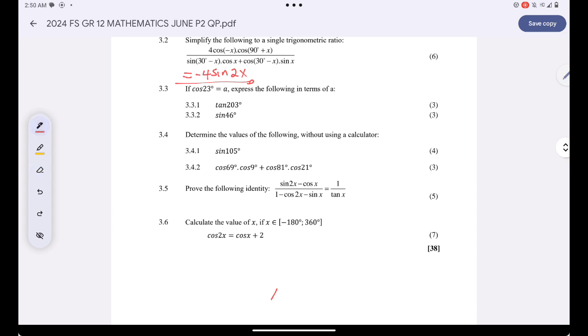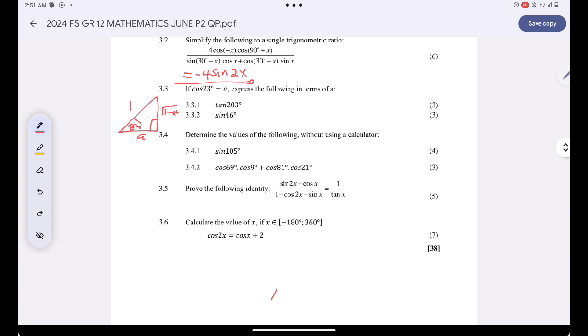Okay, we are told that cos 23 is equal to a, right? It simply means that whenever we use our right angle, if we have 23 there, together this will be a, this will be 1, and this will be root of 1 minus a squared. Are we together?